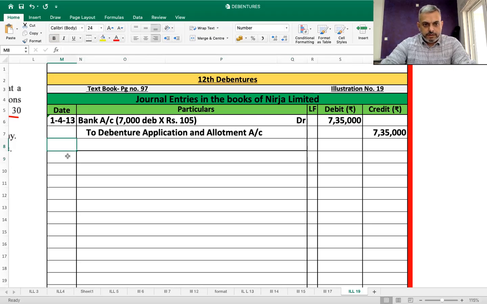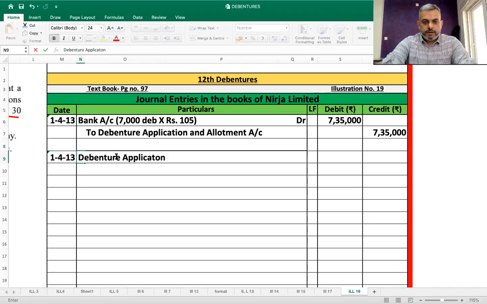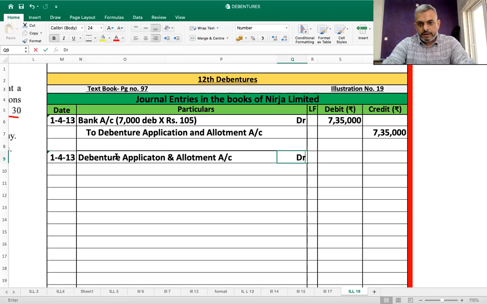Next. Again 1/4/2013 debenture application and allotment account debit. Now over here we have to pay back rupees 110. So 10 is our loss because we have committed this amount to the debenture holder at the time of issue of debenture.